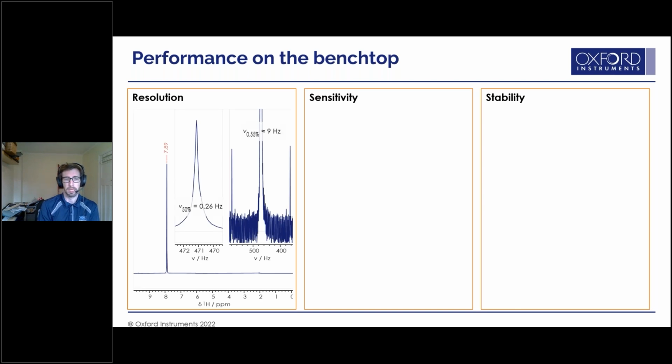So here, a single scan of chloroform in acetone, and you can see here that with a specification of better than 0.35 Hertz half height, here we show 0.26, and at the height of the carbon satellites with the specification of better than 10 Hertz, we see 9 Hertz. And again, that means that when you're looking at potentially crowded spectra, which at benchtop frequencies you invariably get, that can make analysis significantly easier.